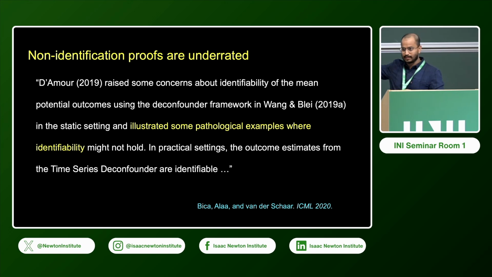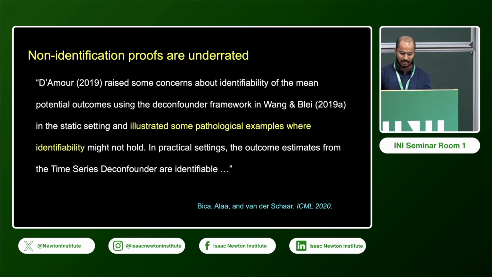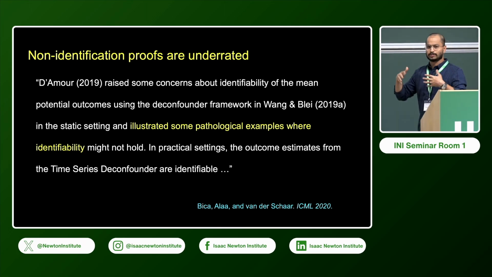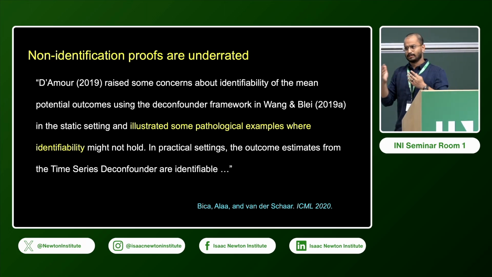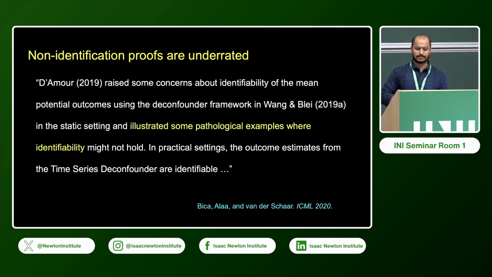Okay, so why do I think non-ID proofs are underrated? Besides my students telling me that they don't think they're very interesting, here's a quote from a paper that was published at ICML. This is in relation to a paper that came out about 6 or 7 years ago called The Blessing of Multiple Causes, which gives you some ideas for how you can get around the problem of confounding. And there were several follow-up works.